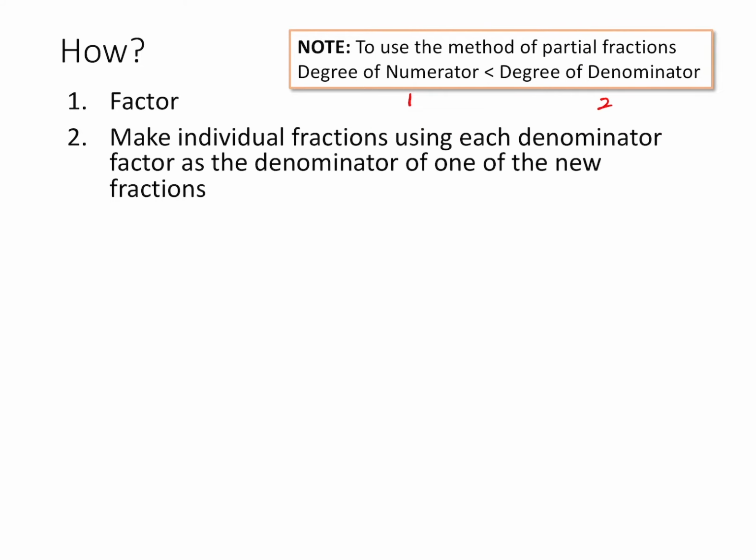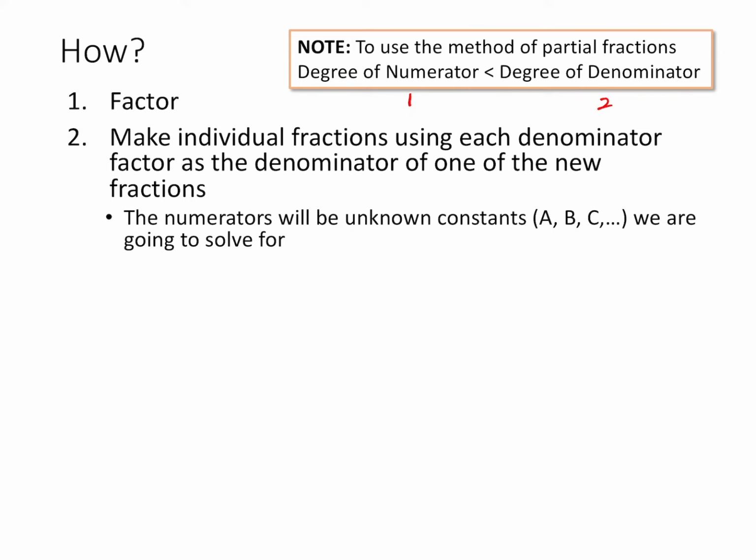Then once we've factored, we're going to make individual fractions using each of the denominator factors. We might end up with usually more than one factor, maybe one to a power, 2, 3, 4 factors in the denominator, and we're going to make individual fractions from each of those factors, using those factors from the denominator as the denominator of our new fractions.